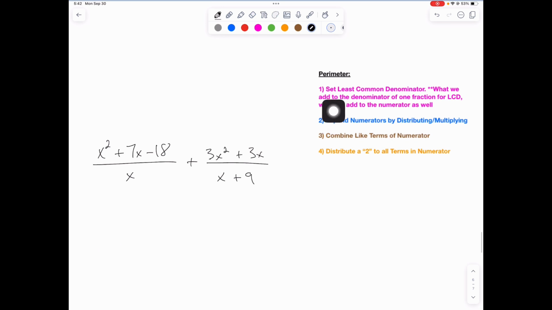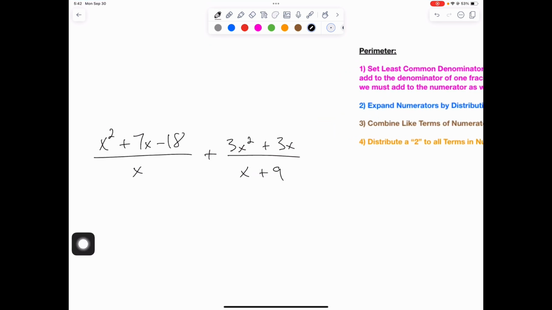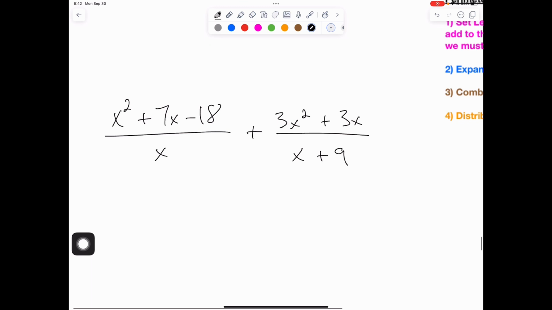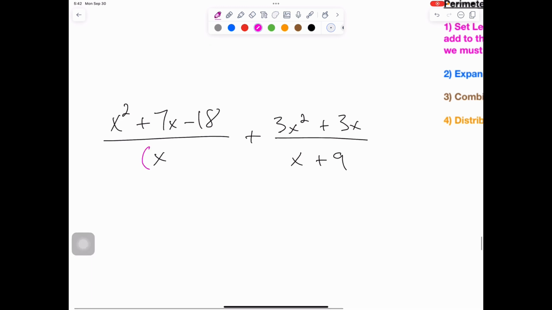All right, perimeter. Number 1, set least common denominator. What we add to the denominator of one fraction for LCD, we must add to the numerator as well, to keep that balance because we are adding this time. Let's get our LCD out of the way. We can take our denominator from fraction 1 and our denominator from fraction 2 and make that our least common denominator.